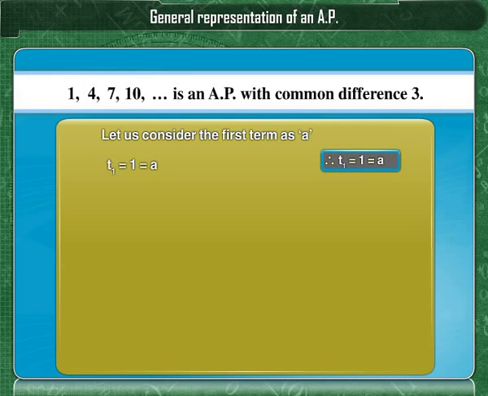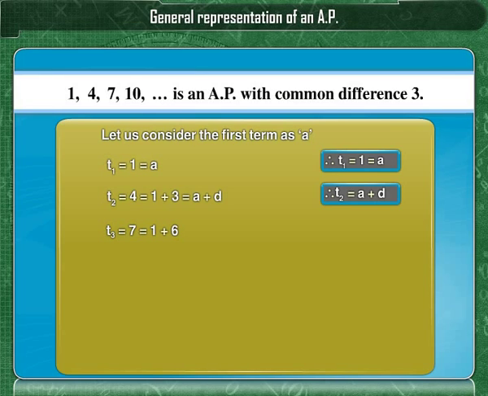How do you write the second term 4 by using the first term? The second term 4 can be written as 1 plus 3, which is nothing but A plus D. How do you write the third term 7 by using the first term? The third term 7 is equal to 1 plus 6.